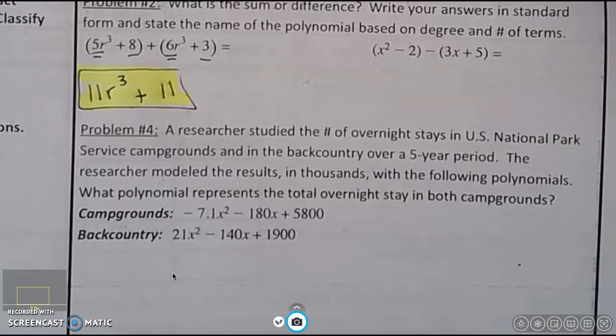Because -5 and -2 minus 5 is... Where'd the x squared go? Well, what is -2 minus 5? You put -3.